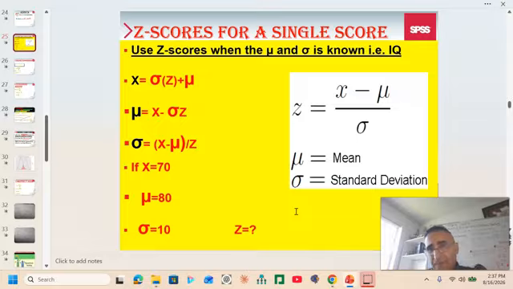Your score is 130, which is X, minus the mean of IQ, which is 100. 130 minus 100 is 30, divided by the standard deviation of IQ, which is 15. 30 divided by 15 is 2. So that tells you that you're 2 standard deviations above average Joe.